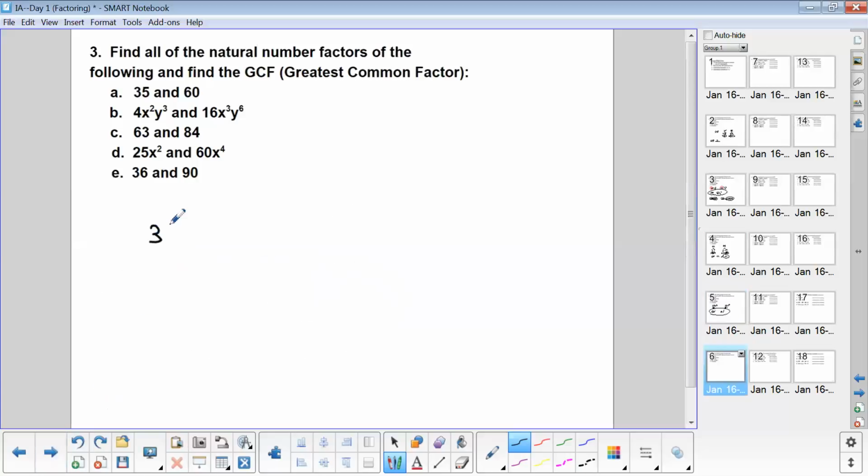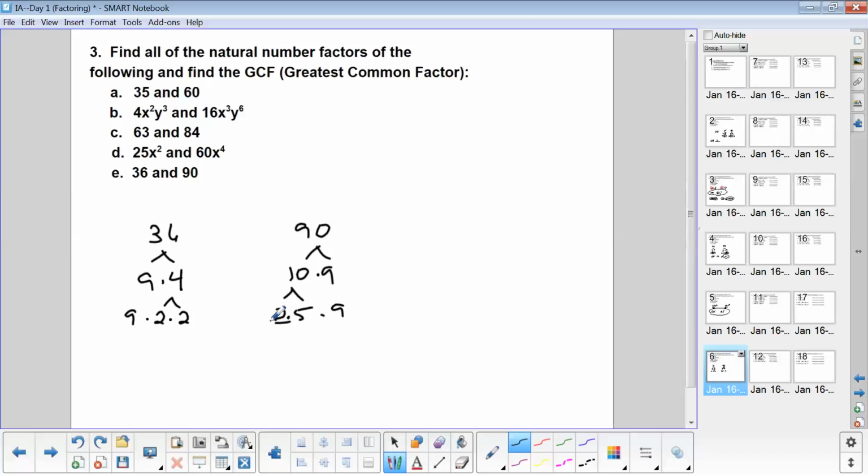And last, we've got 36 and we've got 90. If you're thinking factors, you might think 10 and 9 may be the first thing that comes to mind, and 36 would be 9 and 4. Well, they both have a 9, but don't be quick to just jump to that, because look at 4 and 10. They're composite. So 4 factors into 2 times 2, and 10 factors into 2 times 5, times 9.